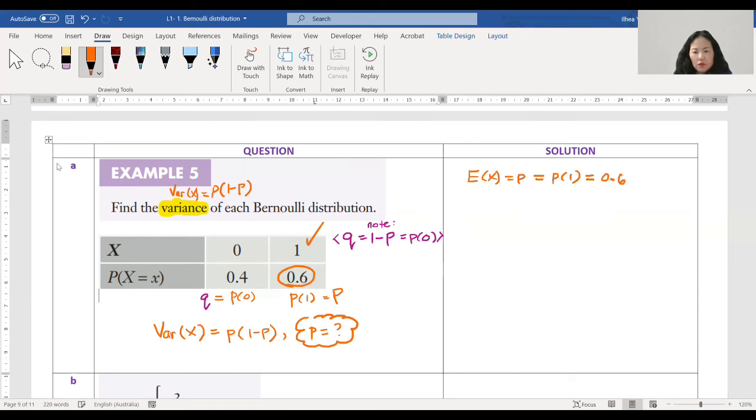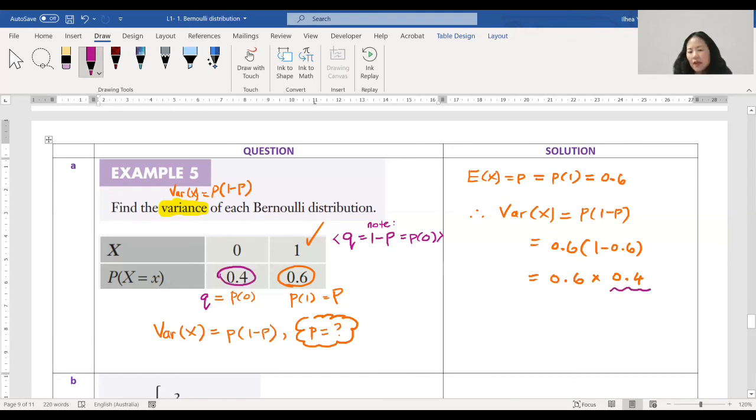So therefore, variance of x equals p times 1 minus p. So all I'm going to do is 0.6 times 1 minus 0.6, which equals 0.6 times 0.4. Now, just a little note here, 0.4 is our failure, okay? So success times failure, that's the formula. The answer will be 0.24.